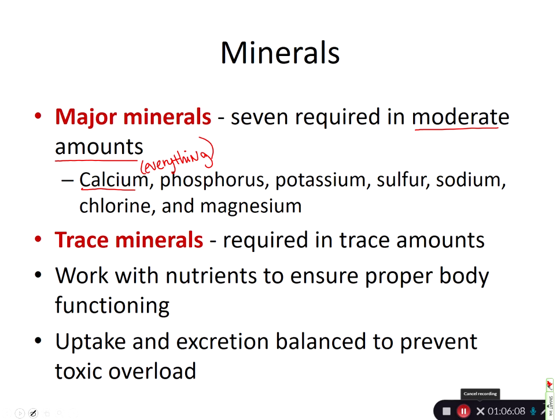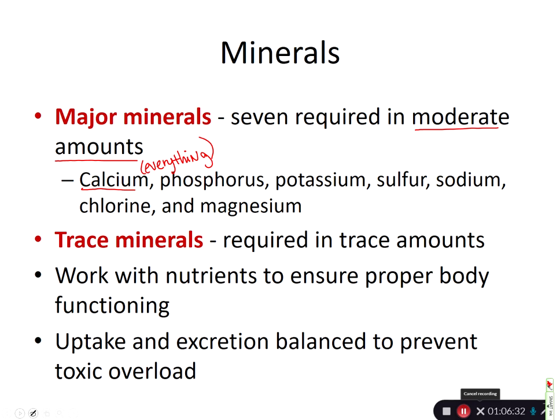Neurophysiology, we need calcium. We need it for every physiological function. So this is a major mineral. Phosphorus, potassium, sodium. Think about these. When we did muscle phys, the ions that we talked about were calcium, sodium, and potassium. These are major minerals that are used in so many functions in your body. So we have to have these in moderate amounts in our food.